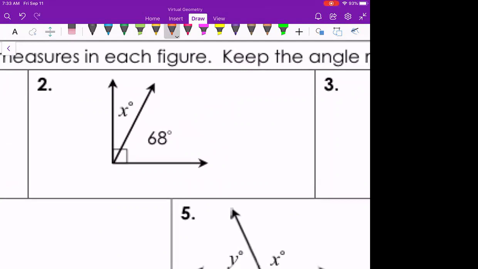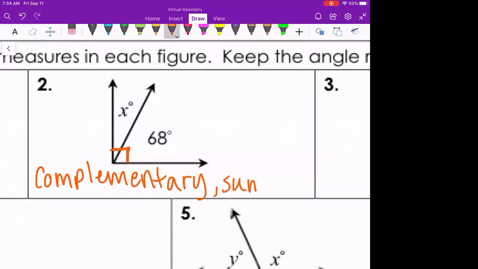Now I've got two angles here, 68 and an x. The first thing I notice, they fit inside a right angle, which means these are complementary. Which means a sum of 90. So these two angles together are supposed to make 90 degrees.